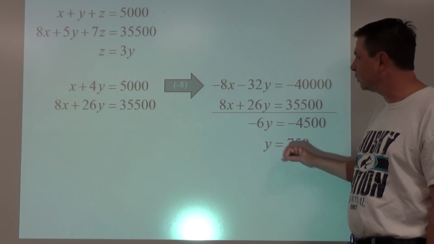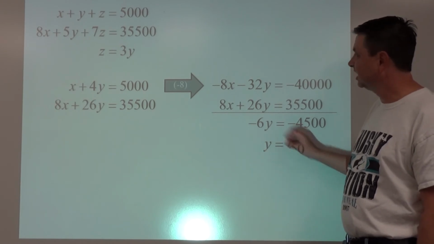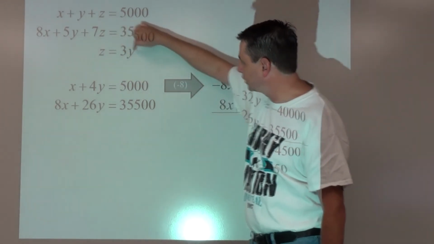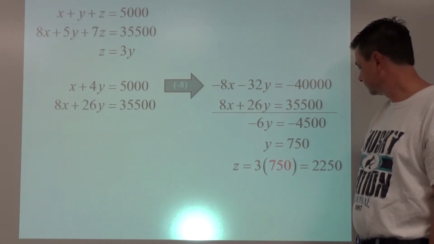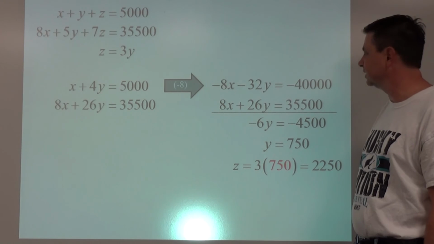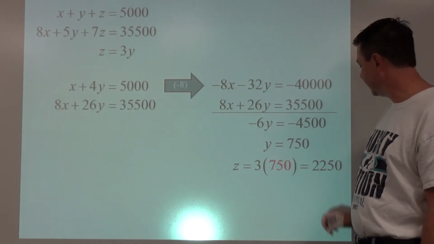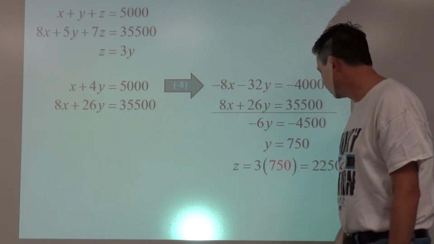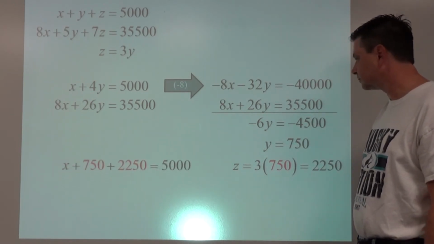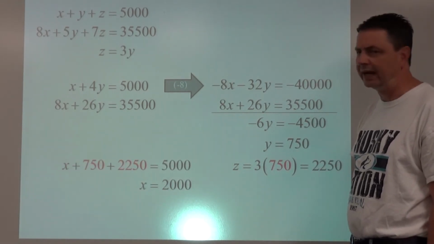We get our y amount, which is 750. Pretty easy to find z. 3 times that gets us the z, 2,250. And then if we put that there and there, and we know we're adding up to 5,000, I think x is going to come out to be 2,000.